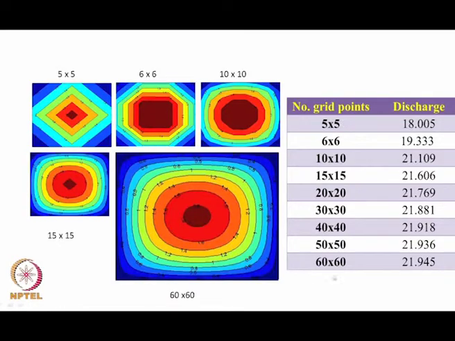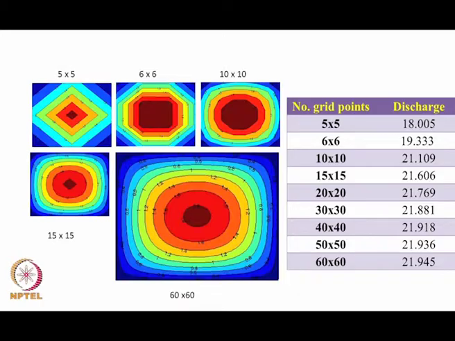What is being changed is the number of points here, and we see that as you increase the number of points, this value, which is 18, 19.3, is increasing, but as you increase further it is becoming constant. So here there is 21.9, 21.93, 21.94. So in a way it's becoming a constant value.